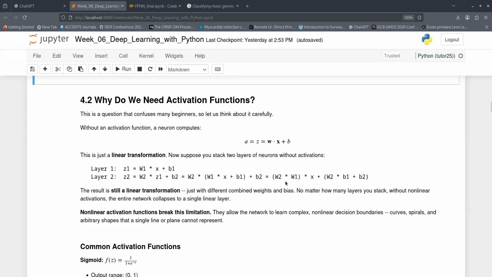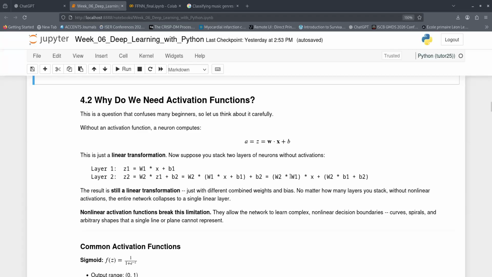So what we have at the end is W2 and W1 multiplied by X, so you get the same structure as Z1, and all of this becomes our second bias. It means the result is still a linear transformation, just with different combined weights and bias.